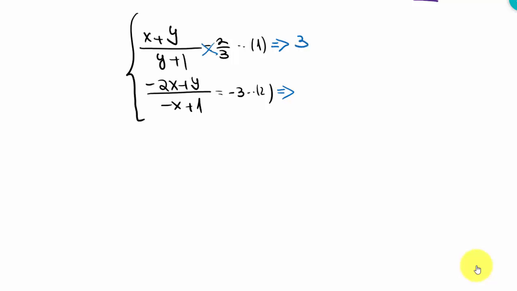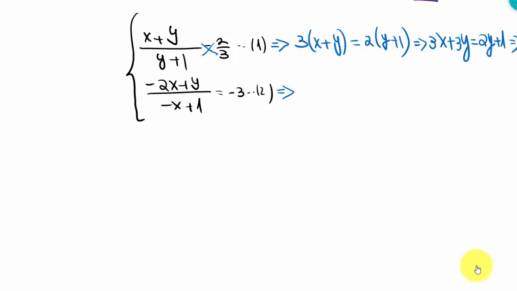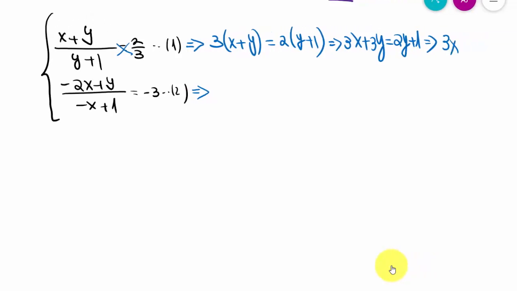Okay, let me start from the first equation here, following the same rule. 3 times (x + y) is equal to 2 times (y + 1). Further simplification here, 3x + 3y is equal to 2y + 1. Moving y to the other side, we get that 3x + y is equal to 1 is the first equation.